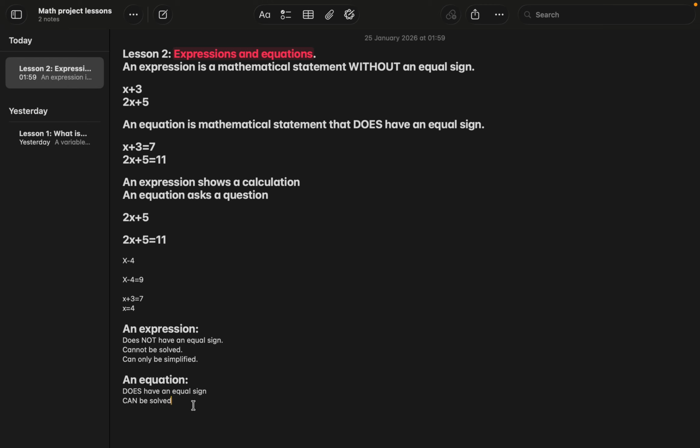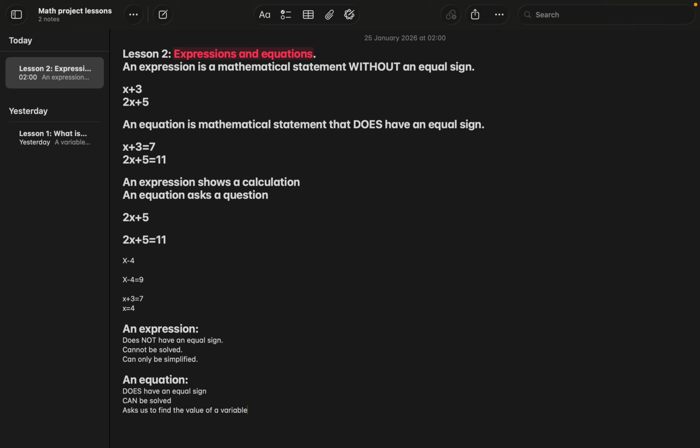So it also asks us to find the value of a variable. Let's say, yeah. So if you remember this difference, algebra will feel much clearer.